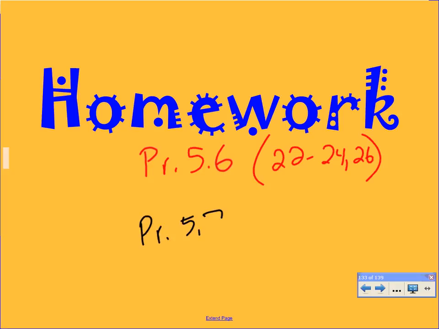On 5-7, I want you to do 2 through 26 even. There's another word problem that I'd like to do, but I think I'm going to wait until Tuesday. So 5-6, 22 through 24, and then also number 26, practice 5-7, 2 through 26 even.